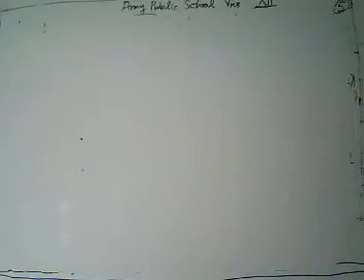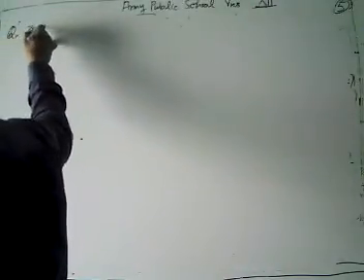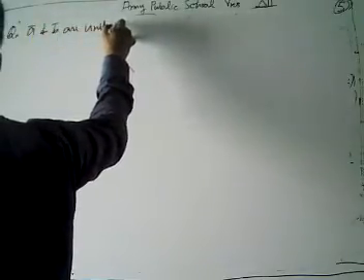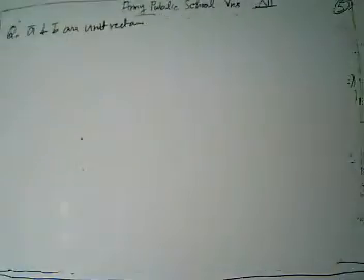Now, in our next question, it is given that vector A and vector B are unit vectors. Then what is the angle between vector A and vector B?